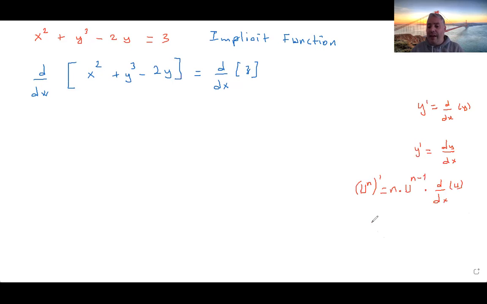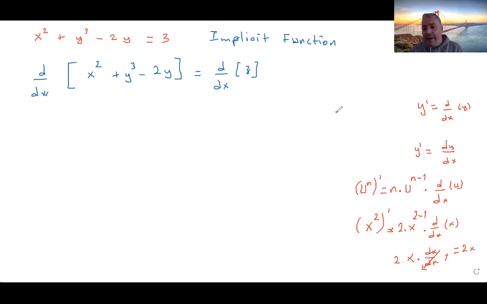Whenever I have the derivative of x squared, it means 2 times x to the power of 2 minus 1 times d dx of the base, which is x, so 2 times x times dx dx. Dx dx means 1, so the result is only 2x.